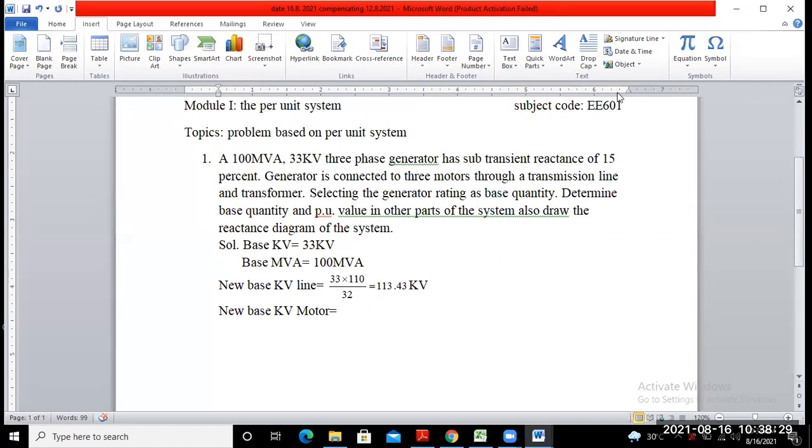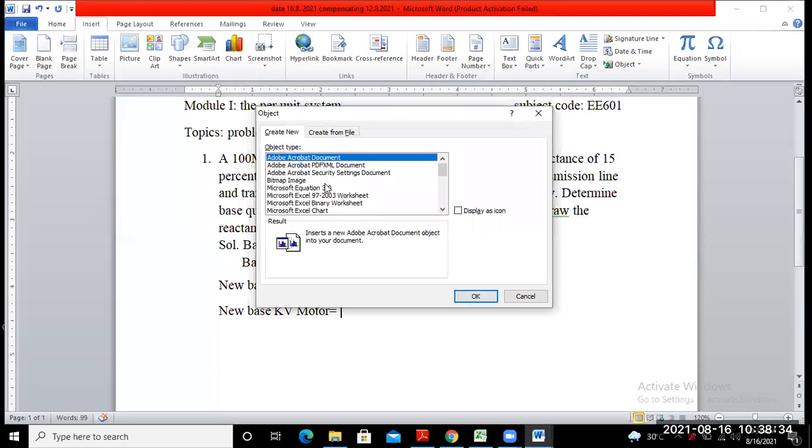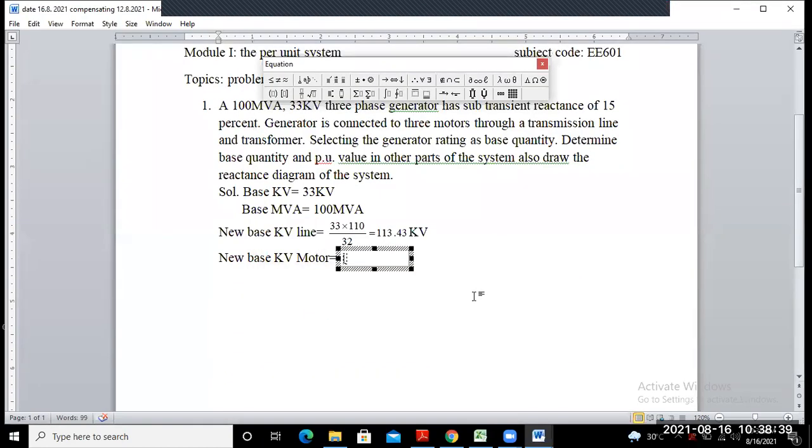Okay, just right here, 113.43 into 33 divided by 110. So we just solve this equation.